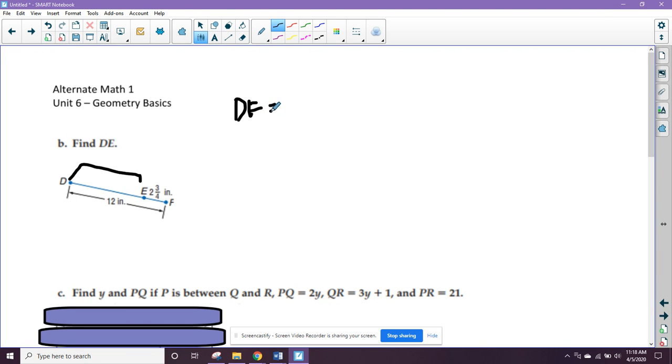So the full segment is going to be equal to DE, the first part of the segment, plus the second part of the segment, EF. So DE plus EF.